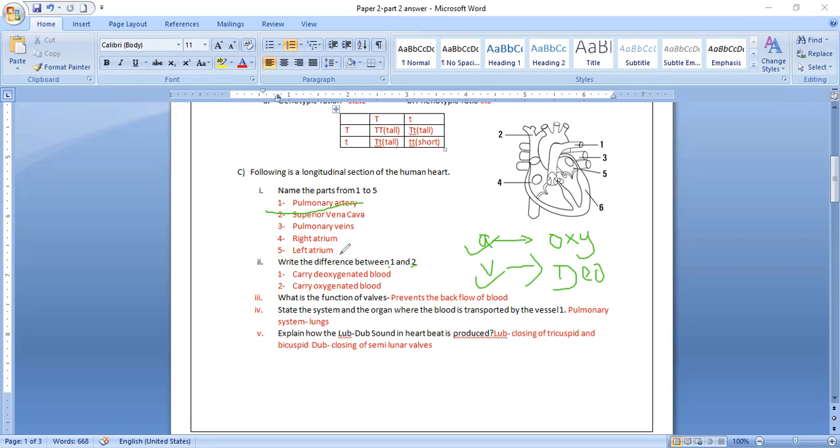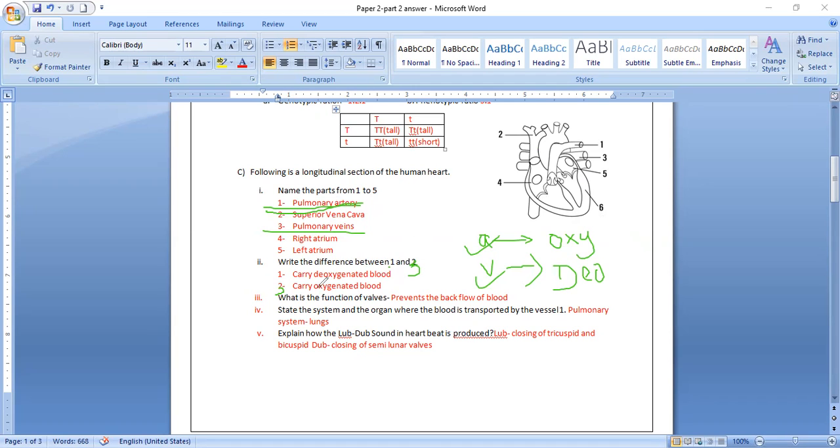Here you should write the difference between 1 and 3. Okay, the question should be 1 and 3, not the 2. Okay, 3. Okay, so 3 is pulmonary vein and the first one is pulmonary artery. Okay, so normally arteries take oxygenated blood and veins take deoxygenated blood, right?